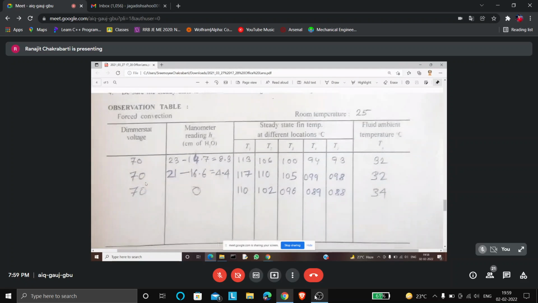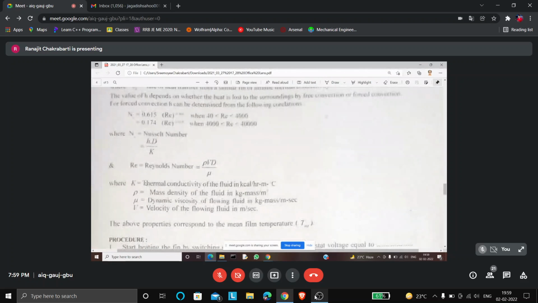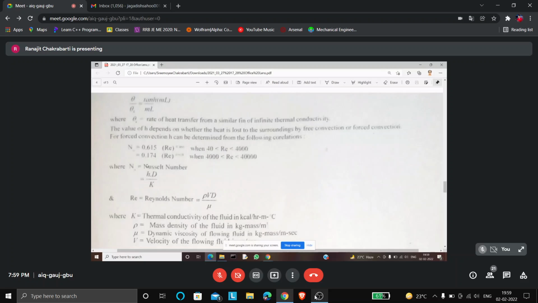Knowing the Reynolds number, you can see what is the value. If it is in this range, then you use this relation and get the value of Nusselt number. If the Reynolds number is higher than 4000, use this and get the Nusselt number. From the Nusselt number, you can get the value of h. So that is your basic objective.